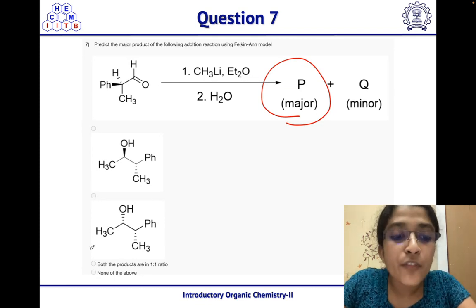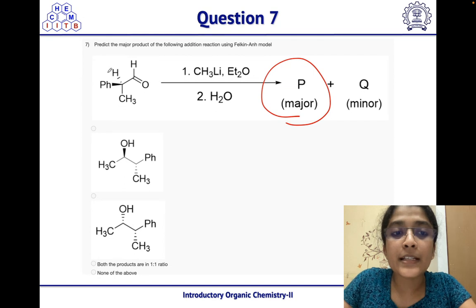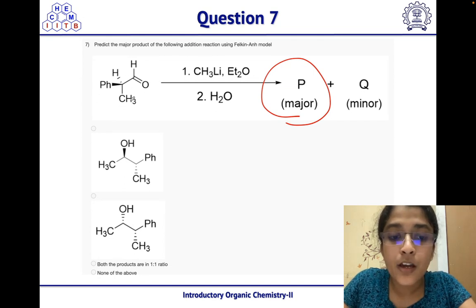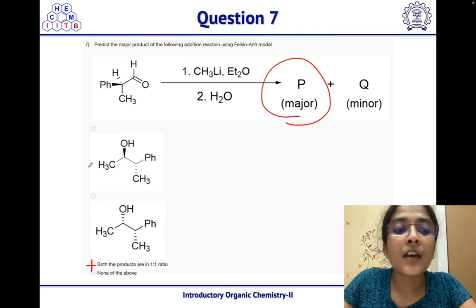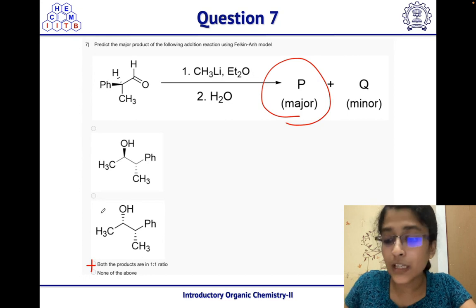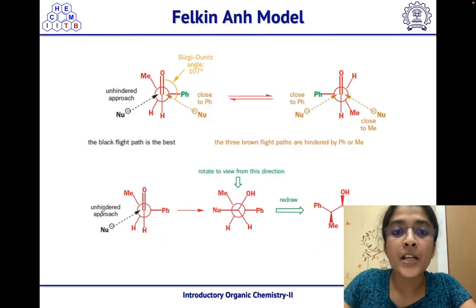They have given four options: option A and B, or both the products are in 1:1 ratio, and none of the above. Since there is one chiral center here, both the products are not obtained in 1:1 ratio. So the options are either A or B. We can see what is the right option based on the Felkin-Anh model.